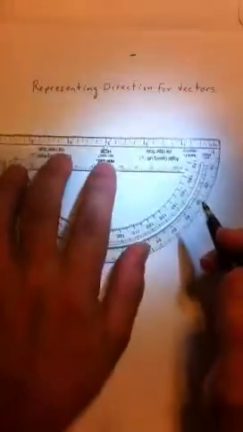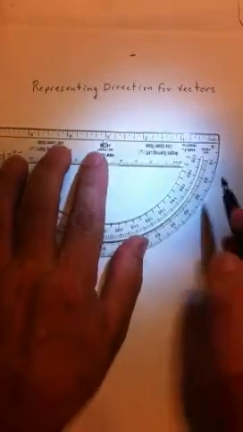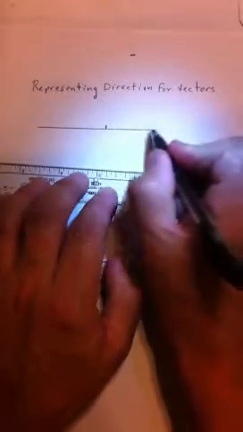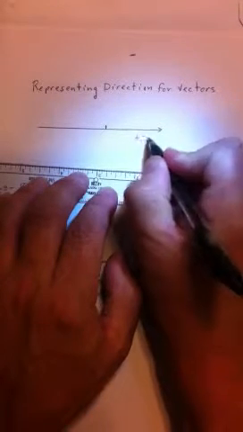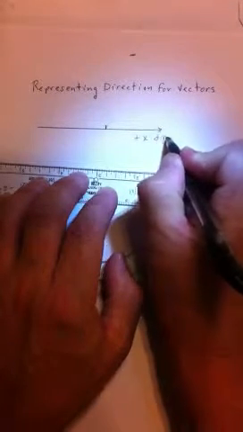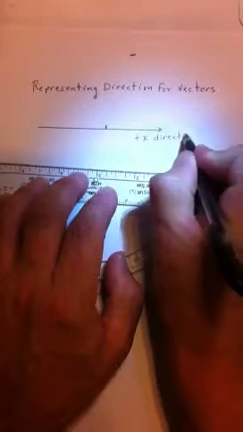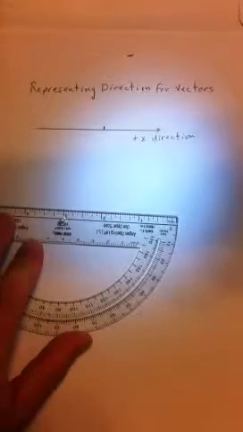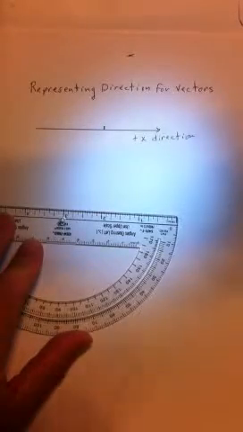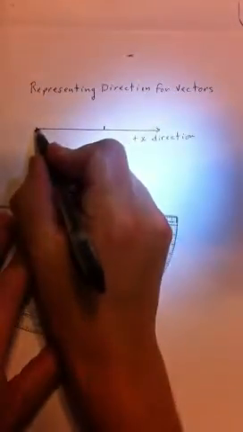If a vector lies on the x-axis, then if it is pointing to the right of the origin, it's considered to point in the positive x direction, or if it points to the left, it's considered to be pointing in the negative x direction.